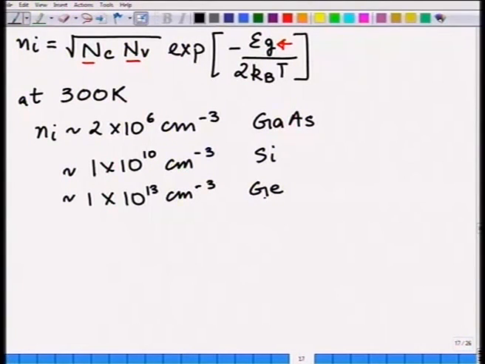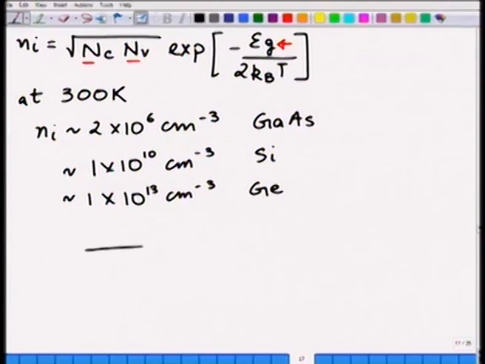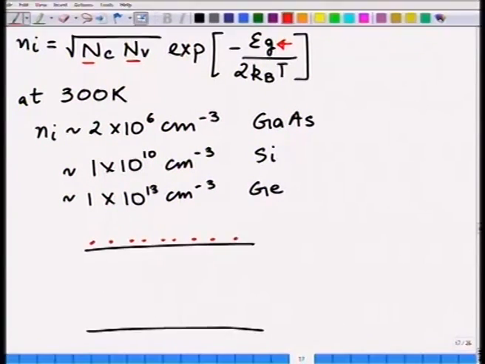What do you see? So these are the values for Ni. That means in the semiconductor, this many electrons per unit volume will be present in the conduction band, and this many holes in the valence band.